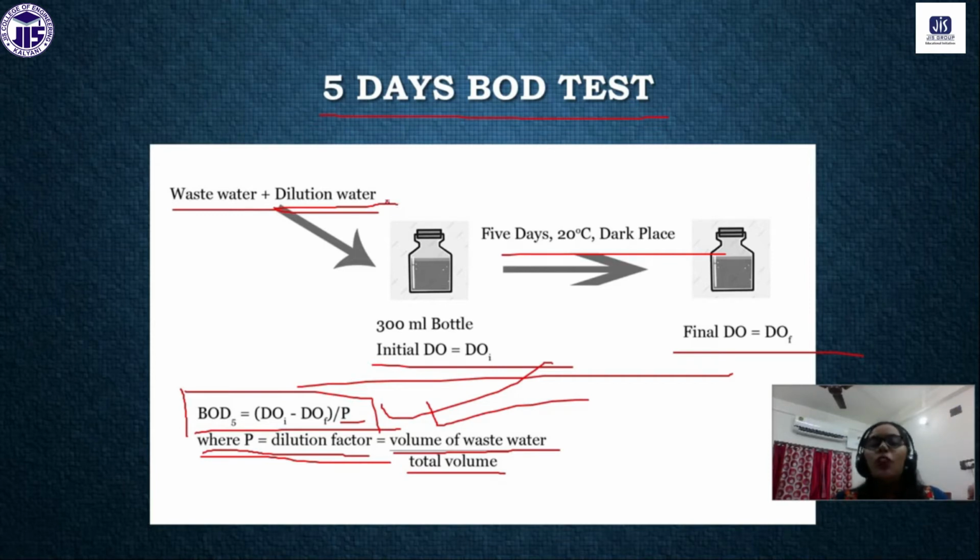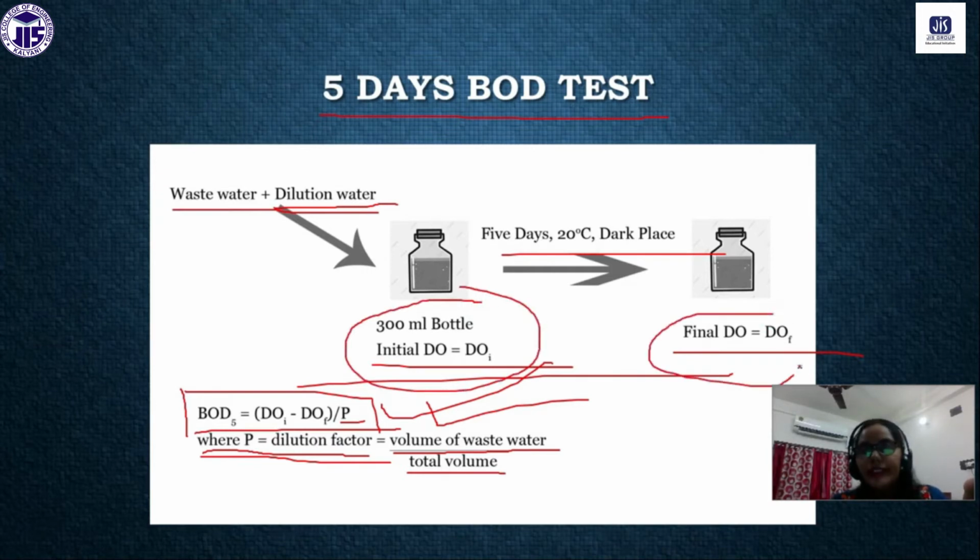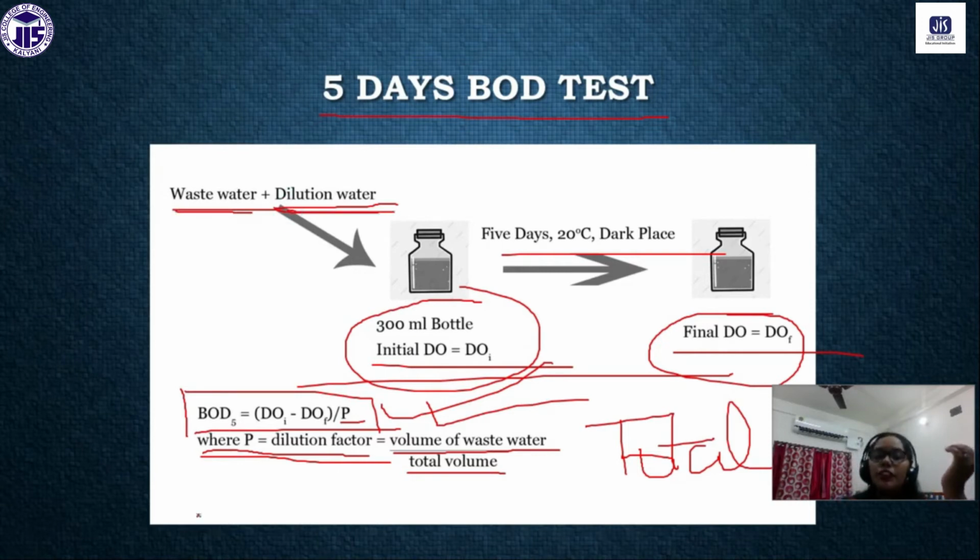That's why whatever BOD value we have got here, that is the total BOD. Total BOD means BOD of wastewater plus BOD of diluted water. So whatever from this test we have got, that is the total BOD of the sample. This is not the actual value of the BOD of wastewater.